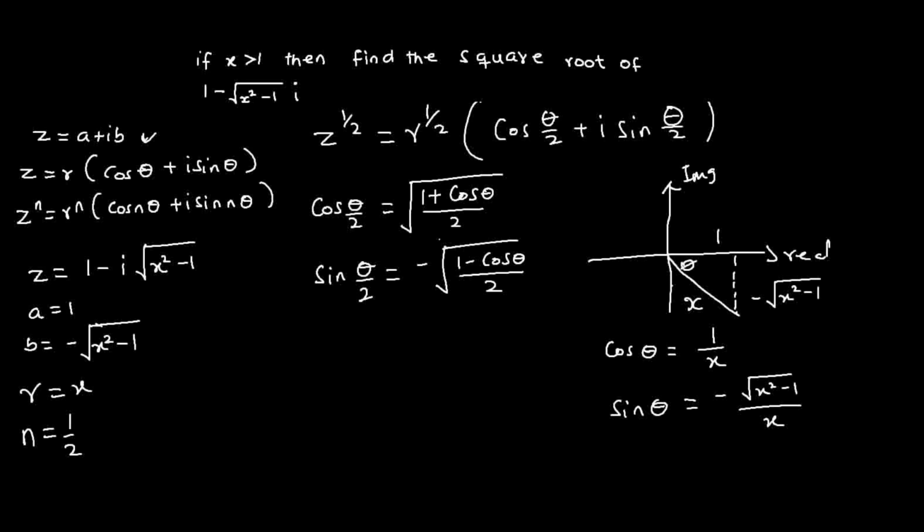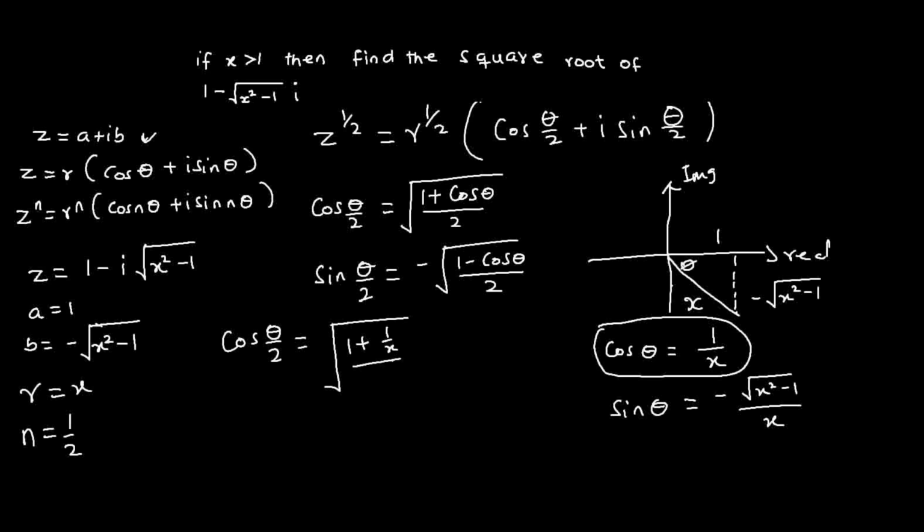Okay, so we are going to do some substitution here. From what you have here, we know that cosine theta equals 1 over x. So I'm going to substitute 1 over x in place of cosine theta here. In that case, I have cosine theta on 2 equal to the square root of 1 plus 1 over x, divided by 2.